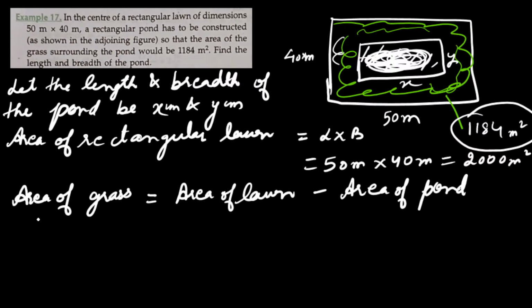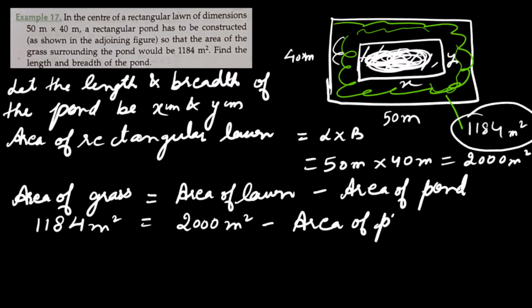Area of grass we already know is 1184. Area of lawn we know is 2000 meter square. This minus the area of pond.